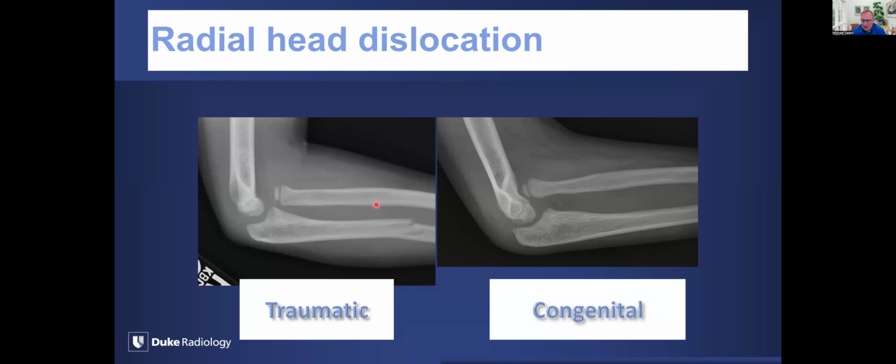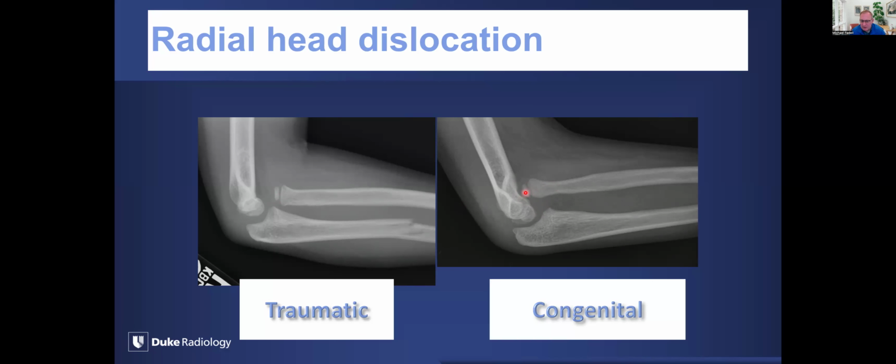And then we have a congenital dislocation. We can actually see that without the normal articulation of the radial head with the capitellum, we get underdevelopment of the proximal radius, and then we get a little bit of indentation within the distal humerus anteriorly.